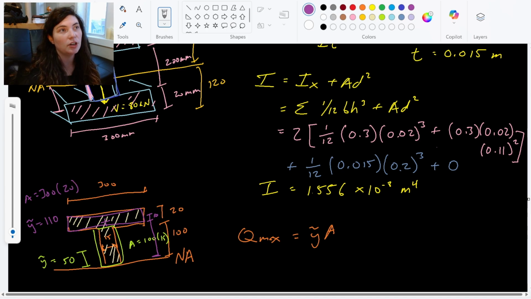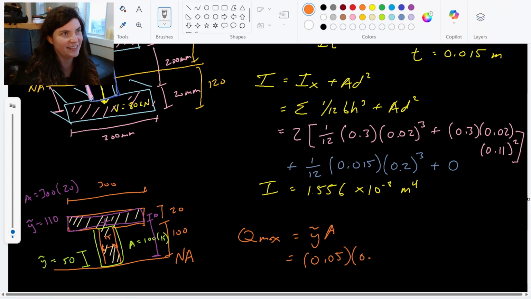Now again, I did convert all of these before, so I'm going to go ahead and convert them all again. I've got all my values written in green and purple here. I can just plug them into my equation and convert as I go. So my Q max is going to be those two separate centroid-times-area terms added together. So it's the y tilde, 0.05, times the area of that lower rectangle. Whoops, sorry, I already did the thing I said I wasn't going to do, and I need to put that into meters.